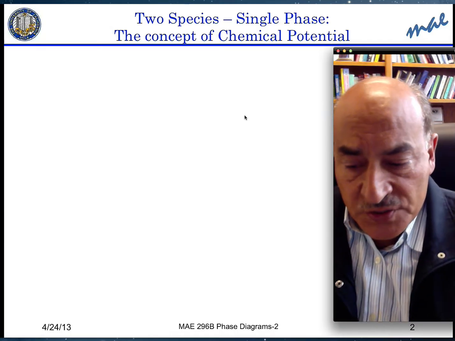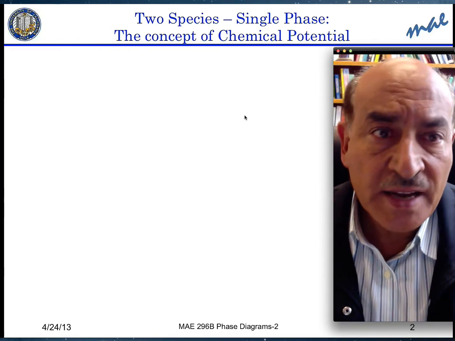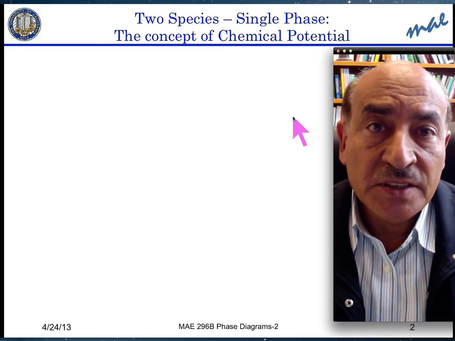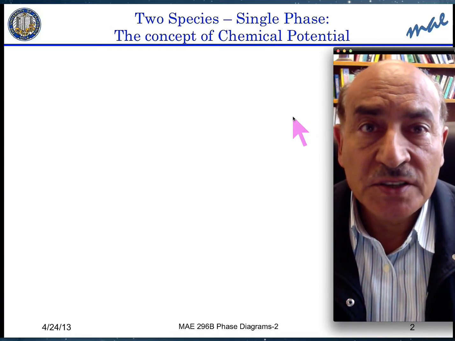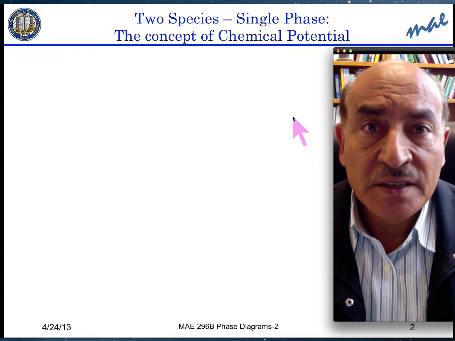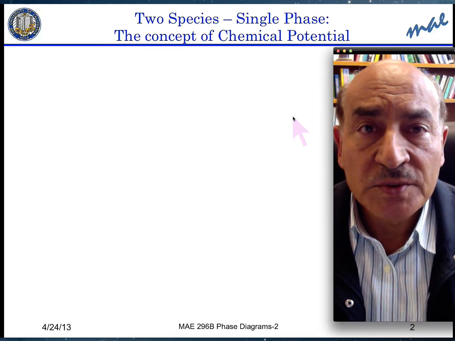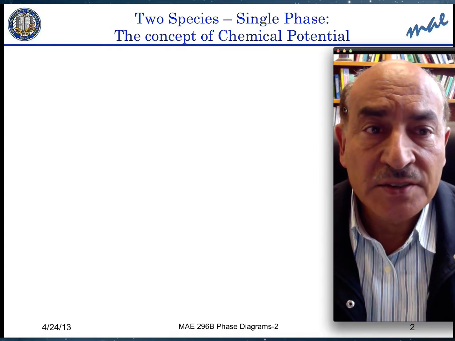So let's assume now that we have a graph that represents the variation of the Gibbs energy with the concentration of one of the species, say the concentration of species B, and then we will write the chemical potential and see how it looks on this graph.